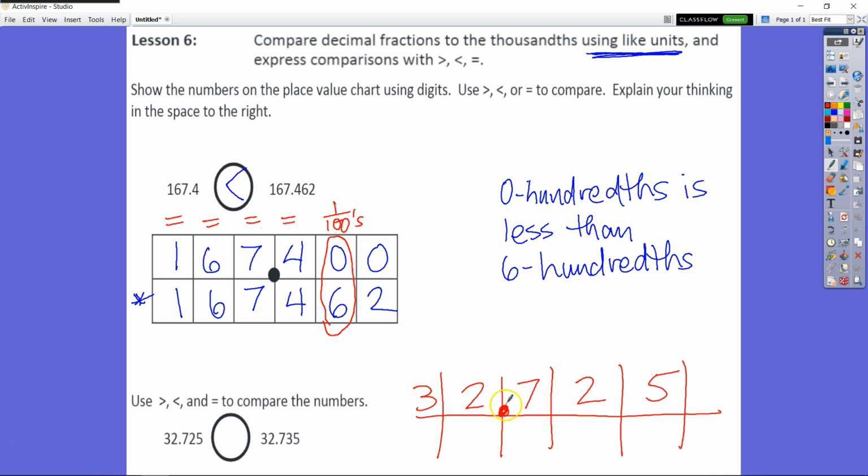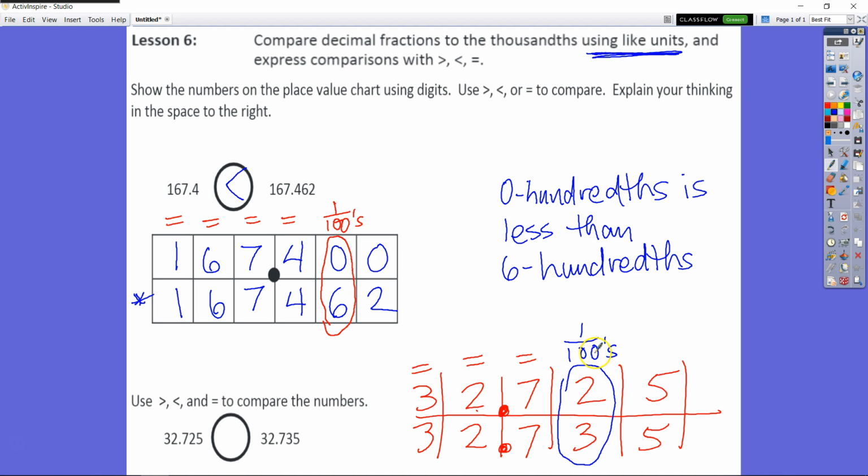So we have 32 and 725 thousandths is greater than, less than, or equal to 32 and 735 thousandths. So you should automatically see that reading from left to right, my tens place is equal with threes, my ones place is equal with twos, my tenths place is equal with sevens, and then we come to our hundredths place.